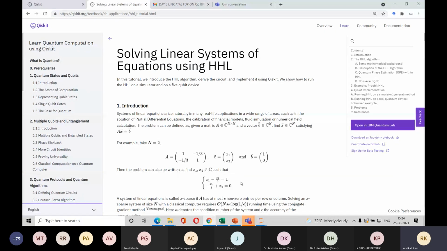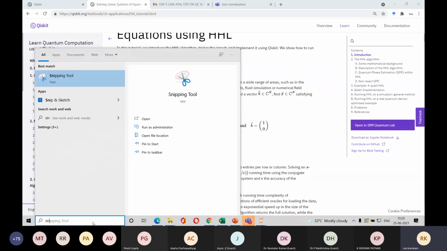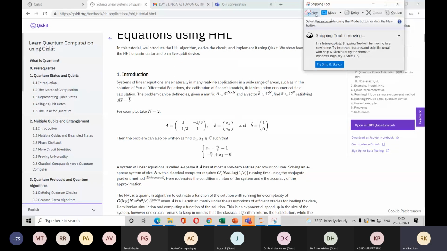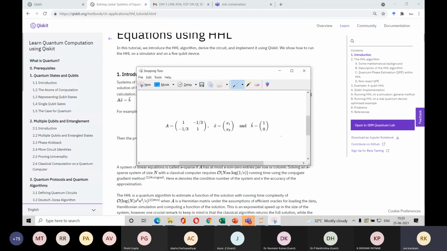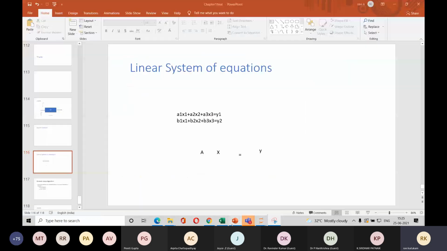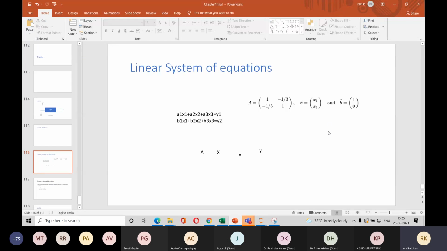Let us take this example where you have A, X, and Y is represented by B. So this is the A matrix and X, and this is nothing but Y, let us say.